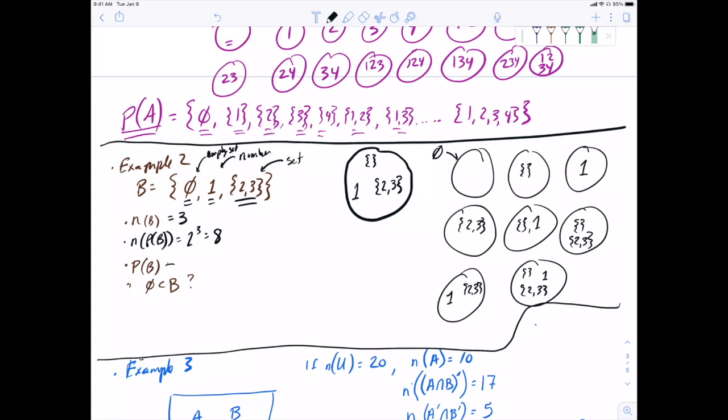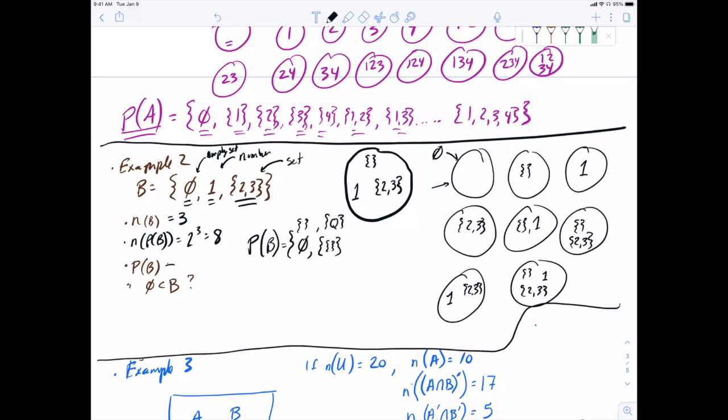Oh my goodness. Now remember, when we collect all these sets and we write them as the power set of B, we have to put these things inside sets themselves. So what is this thing? This thing is the empty set, which could also be written as the set that contains the empty set.